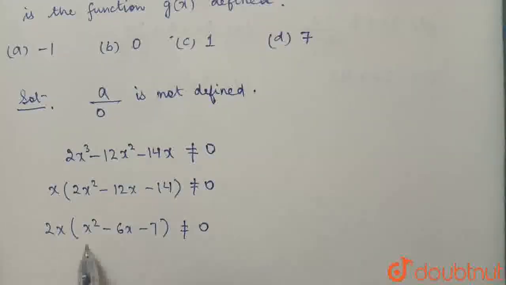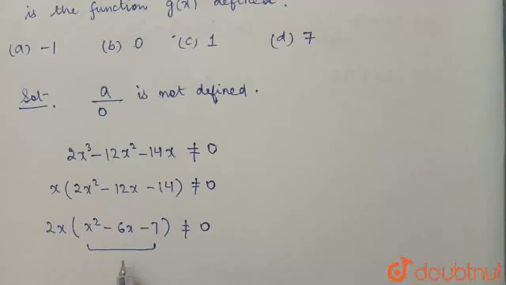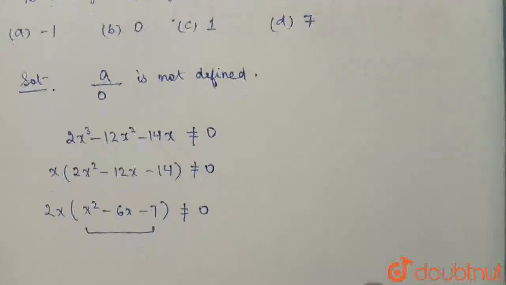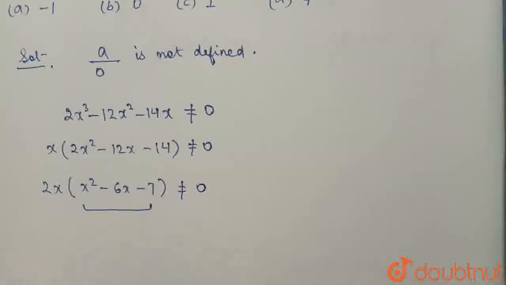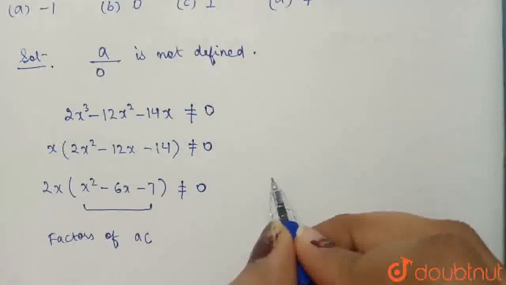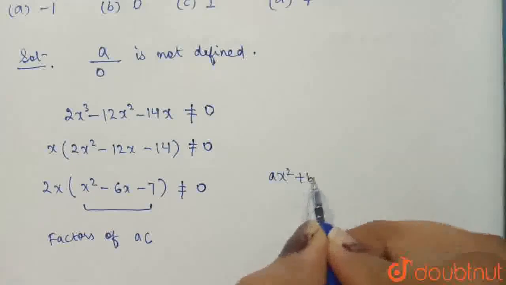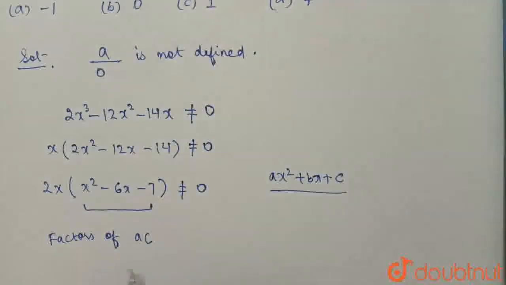Now this is a quadratic polynomial, so we can factorize it by using middle term split. So middle term split says that if the quadratic polynomial is in general form, ax square plus bx plus c, then the factors of a times c, the sum of the factors should be equal to b.